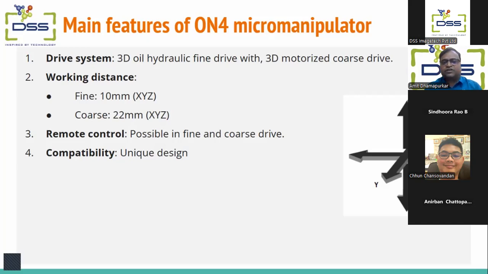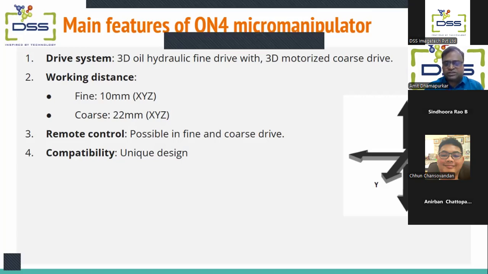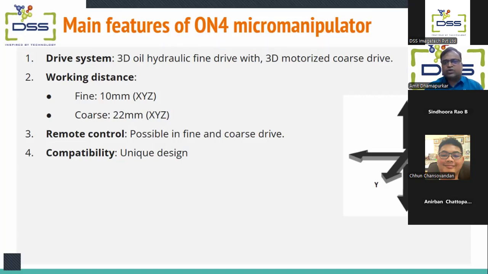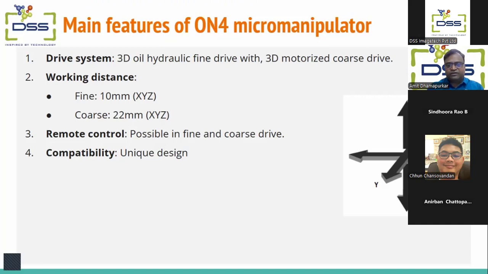The maximum working distance for the fine features is 10 millimeters, and for the coarse features it is 22 millimeters. This has also been marked on the motorized drive, as we'll see on the next slides. It has fine and coarse drive, remote controlling, and a unique design.